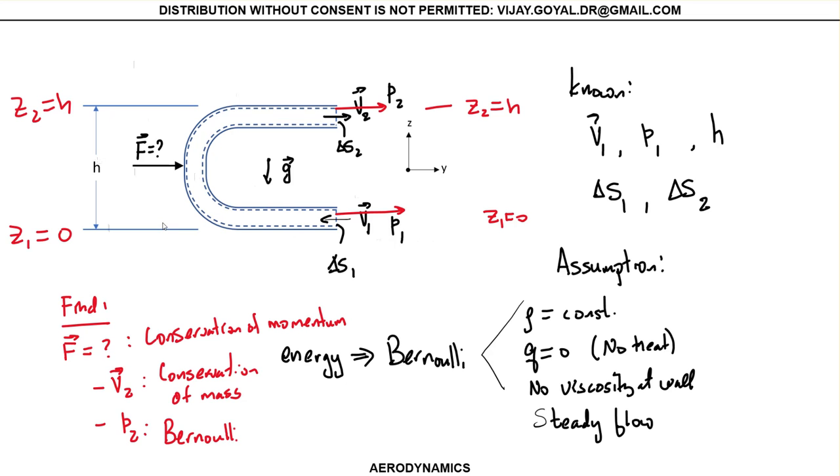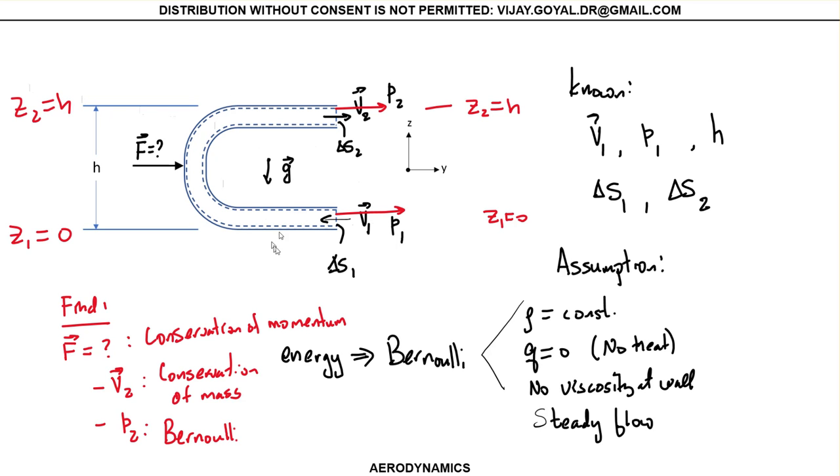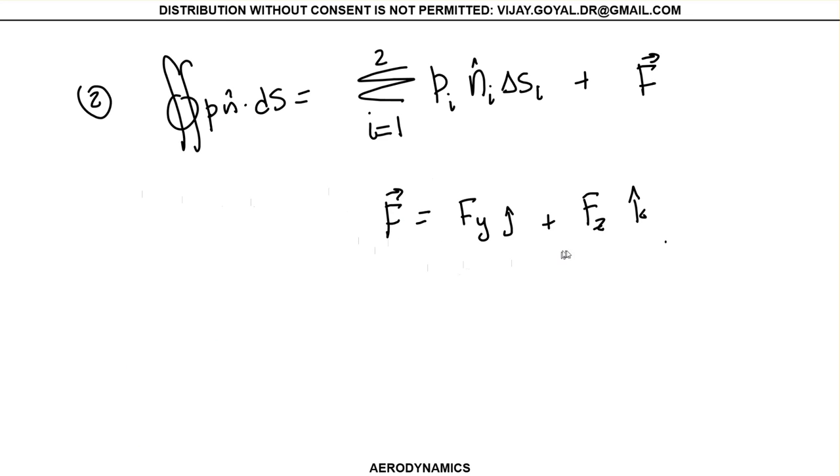However, no, wait a moment. That's not all that true, because you have the gravity force. If gravity wasn't acting, then this would be zero. Please correct that. You would not have anything because the flow was coming only in this direction, but you do have a force coming in this direction, so you will have a force with a z component in this problem.